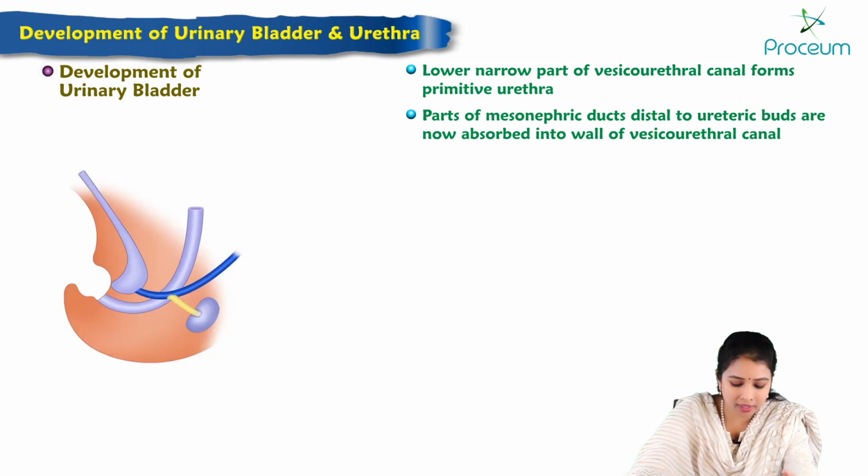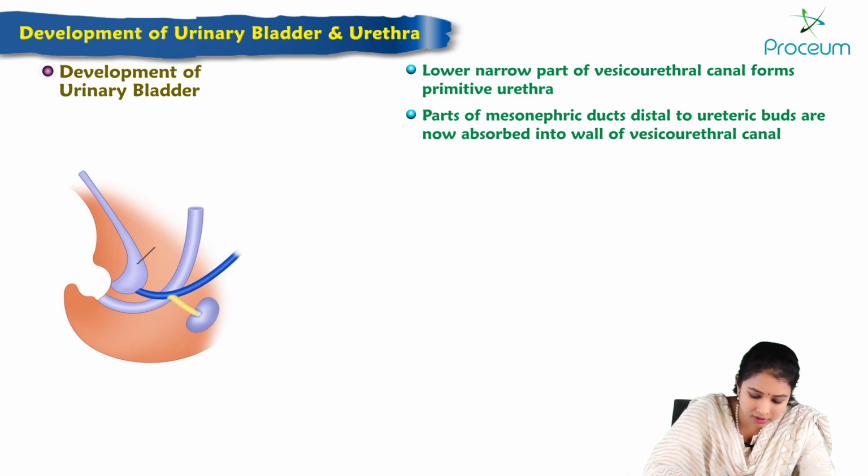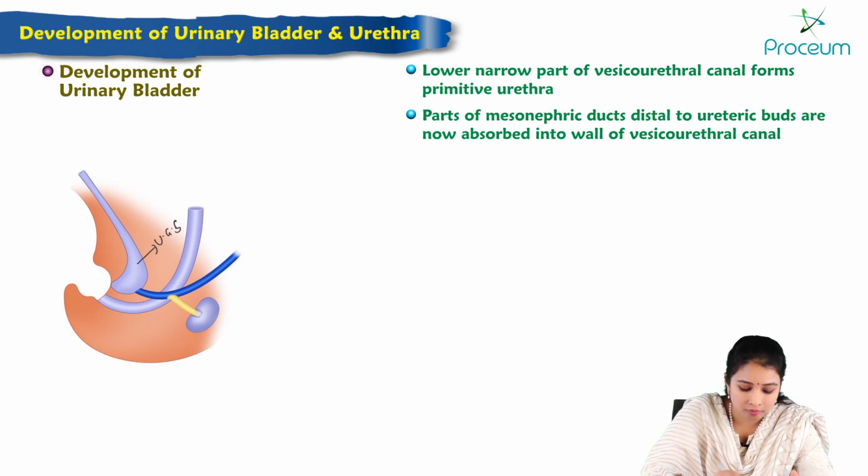So here is a schematic image for us to understand again. So this is the urogenital sinus which forms the vesico-urethral canal, and which again has the dilated part which forms the major part of the urinary bladder, and narrow constricted part which forms the primitive urethra.